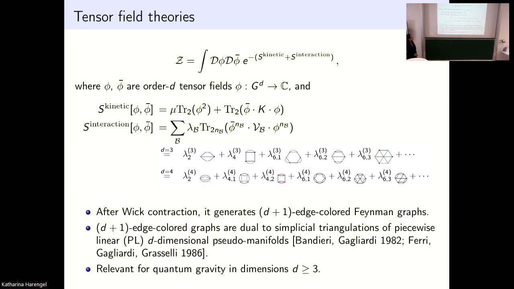And then you may have interactions. You could have many, and in fact, you could even have infinitely many of them. I denote it by big B because we sometimes call them interaction bubbles. Each of them comes with a coupling constant lambda. And here you could have as many phi's and phi bars as you wish.